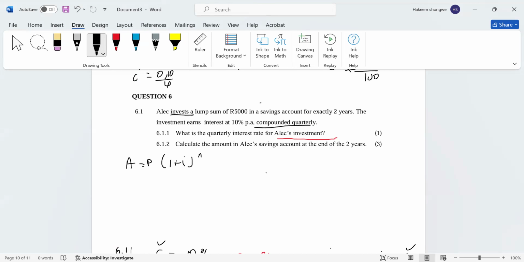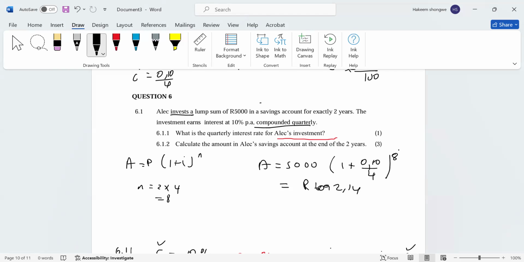So I'm going to have A, which is going to be 5,000, and then we have 1 plus 0.10 divided by 4, to the power of 8. And how did we get the 8? We said N is going to be 2 multiplied by 4. So that gives us 6,092.14.